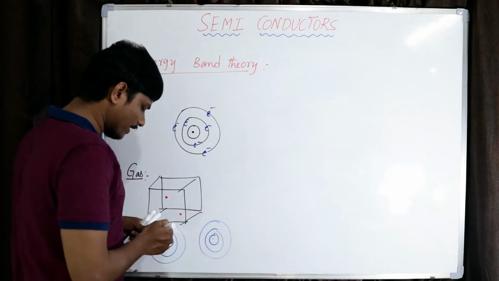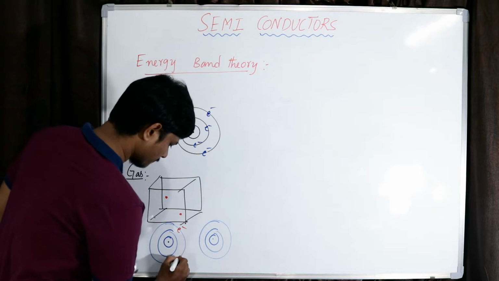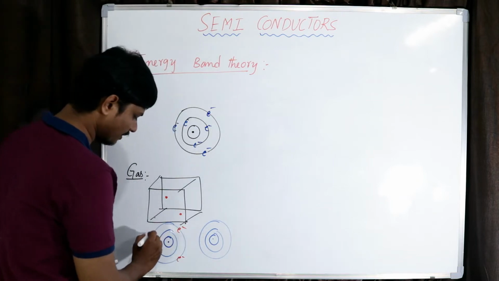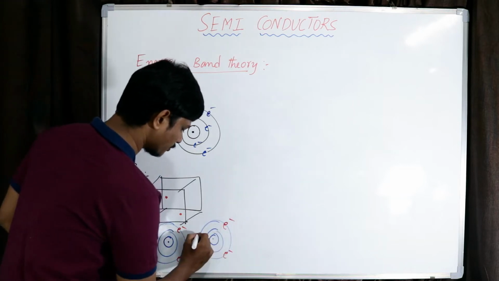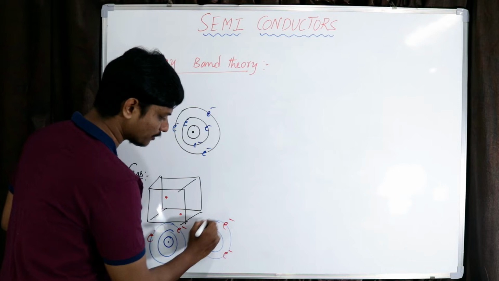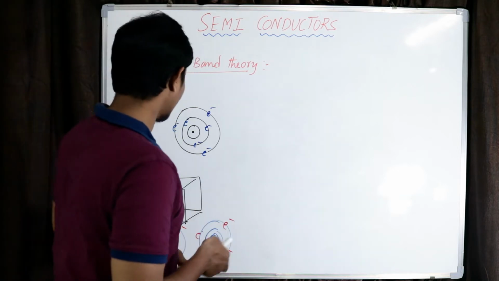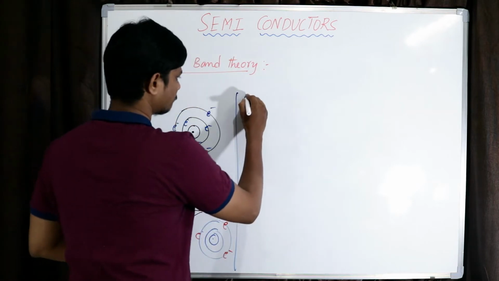Therefore, each electron in a particular orbit is fixed. So these 2 electrons possess the same amount of energy. Even these electrons also possess the same amount of energy about their fixed orbits. This is what we have learned from the Bohr theory. Now that we have looked at gas, let us look at liquids.